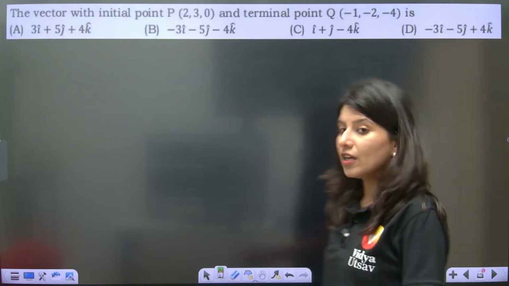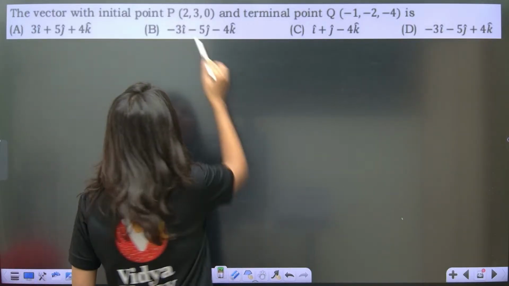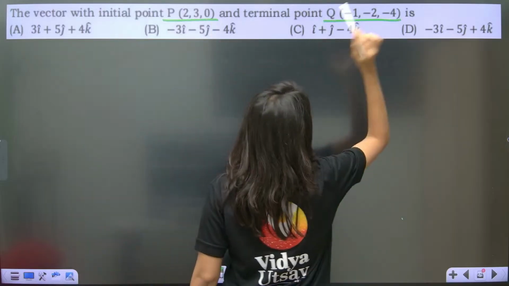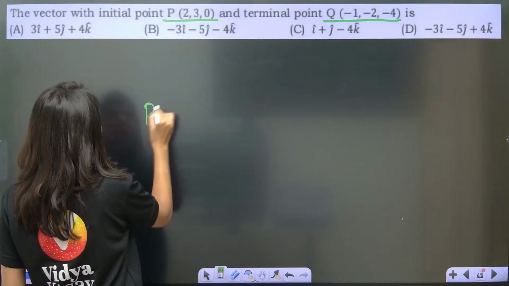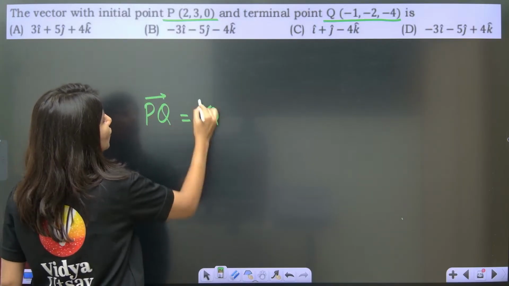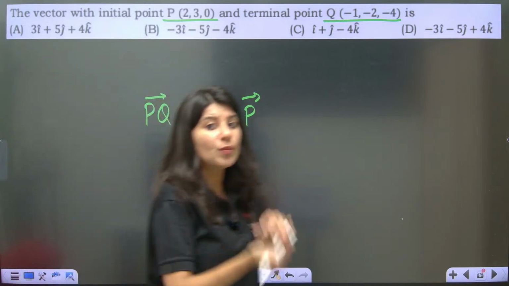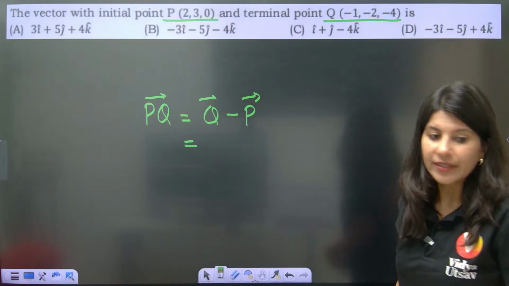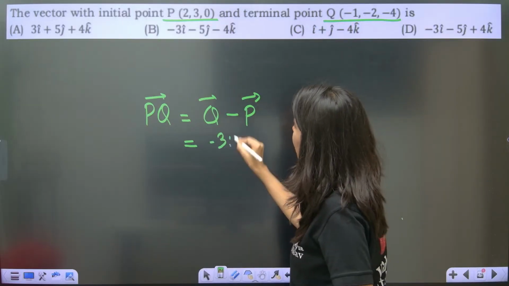Next. The vector with initial point P and terminal point Q. The vector will be PQ vector, which is going to be Q vector minus P vector. Always remember, PQ vector will be Q minus P. So this is minus 1, minus 2, so minus 3 I cap.